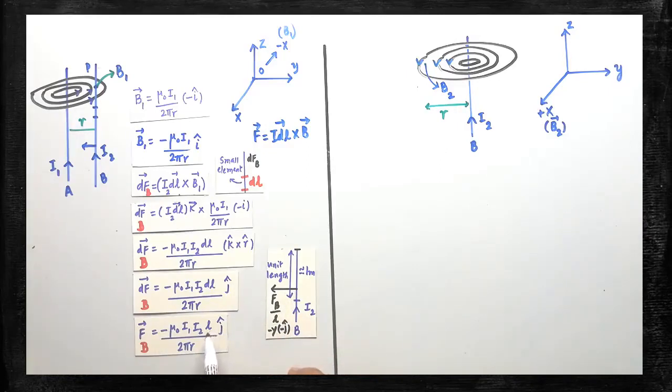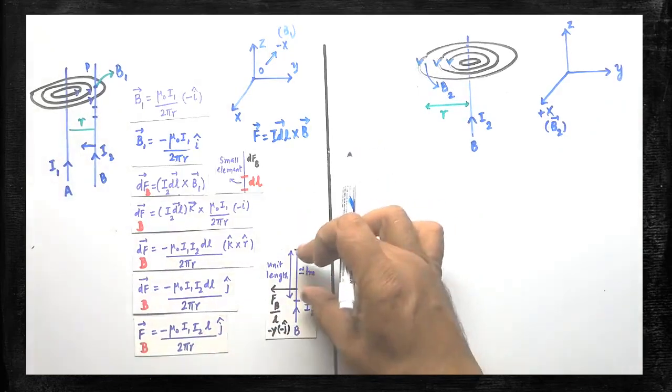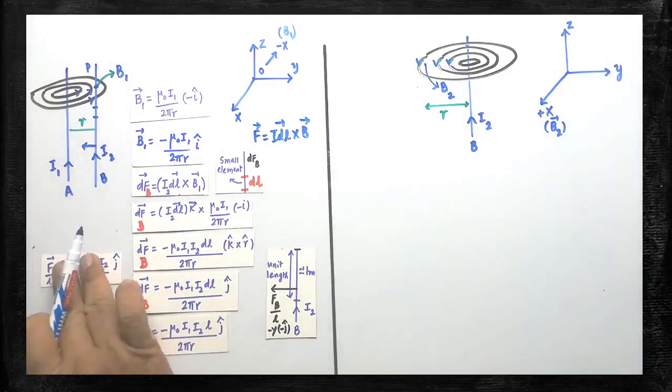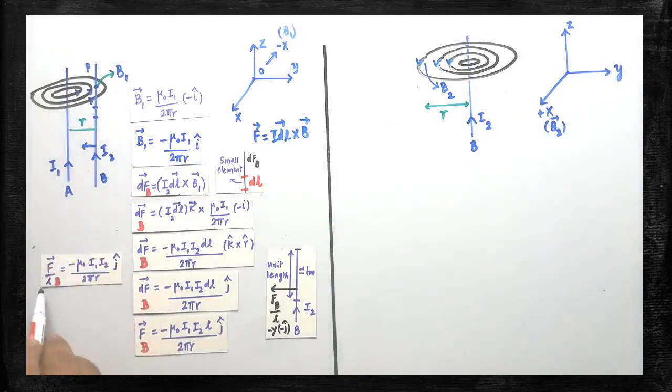Are you clear? Now here we are going to calculate the force per unit length. In each unit length, how much force is acting? For that purpose we are using this equation. What is this? F by L, the force acting per unit length. This L can be brought down.